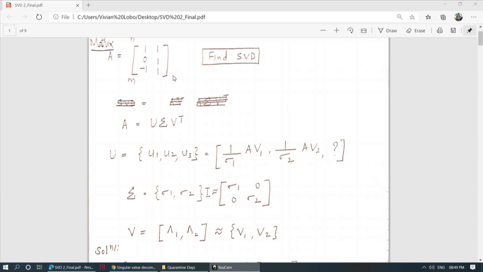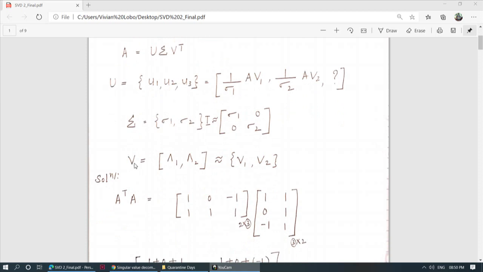But this is not a 2 cross 2 or a 3 cross 3 matrix. This is an M cross N matrix where M represents the number of rows, so it is 3, and N represents the number of columns, that is 2. So it is a 3 cross 2 matrix, and the procedure followed to calculate U is slightly different. Let's have a look.